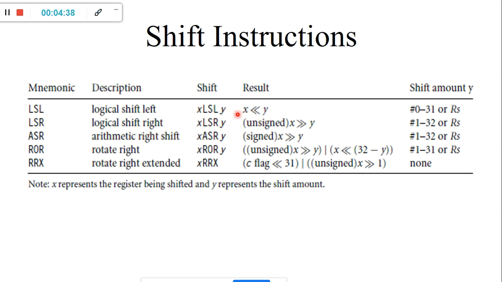X is the value, and Y is nothing but by what value you have to shift, whether it is shift by 1 or shift by 2, and whether to be shifted left or right is going to be given by logical shift left or logical shift right.